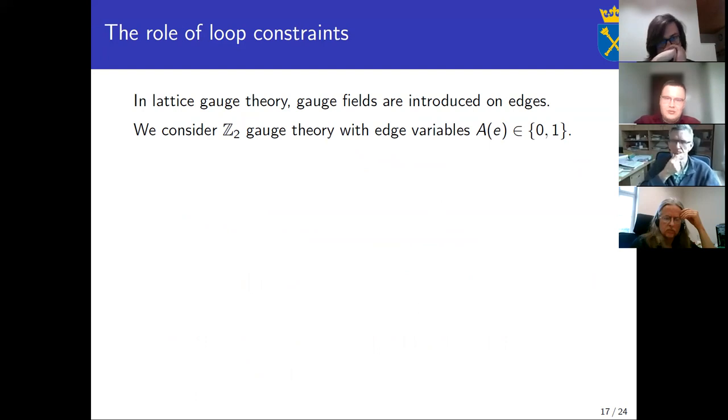And we consider a Z2 gauge theory with edge variables, A of E, which are 0 or 1, and the group operation is just addition modulo 2. So of course, Z2 gauge theory is a weird thing from the point of view of continuum physics and field theory, but on the lattice, it's perfectly fine.